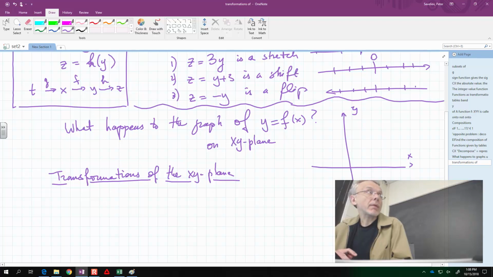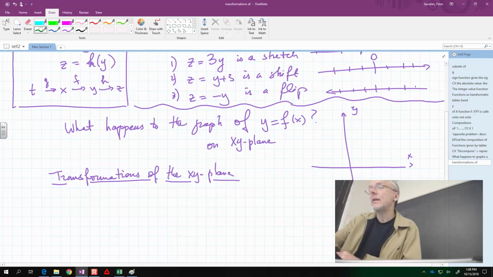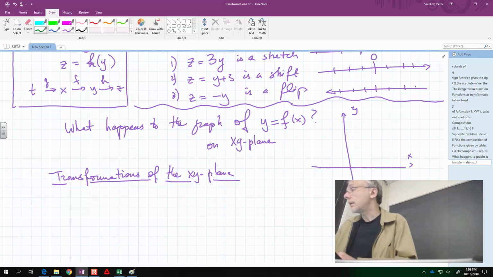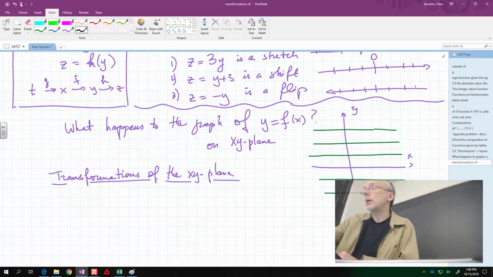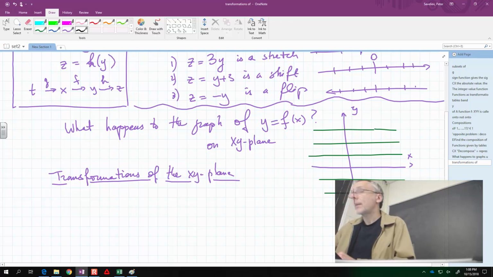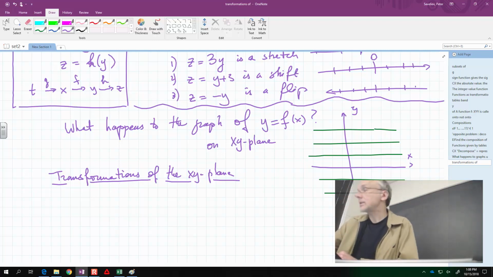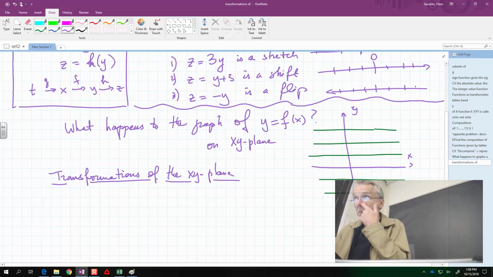Then you should think about it as if there are many x-axes like this, and all of them get stretched or flipped or whatever. Whatever happens to the x-axis is happening to every other line parallel to the x-axis. Okay?